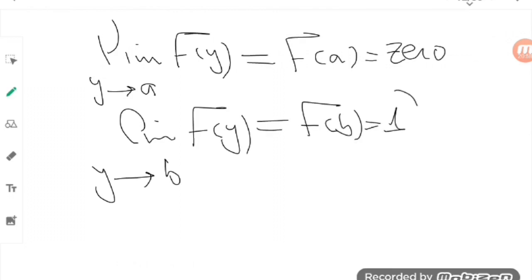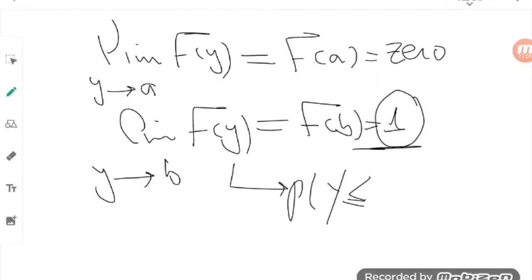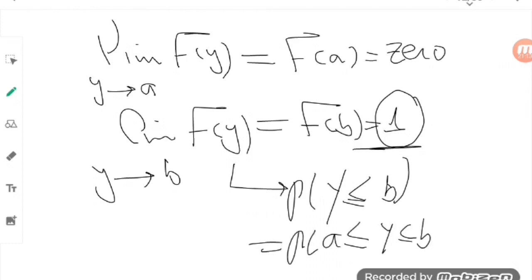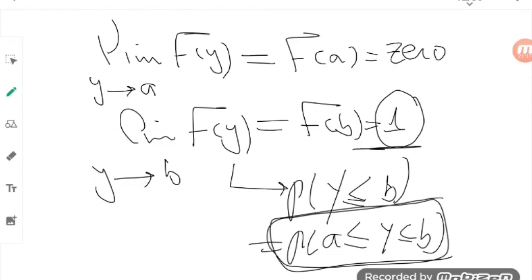Again, why should it be 1? Because this is the probability that y is less than or equal to b. This means the probability that y is between a and b, which is the integration over the whole support of the probability density function, which is 1. Fine?